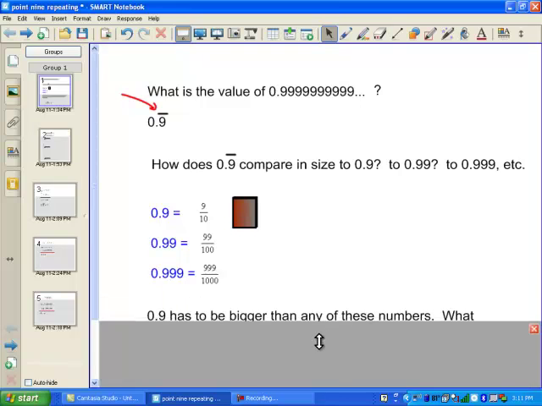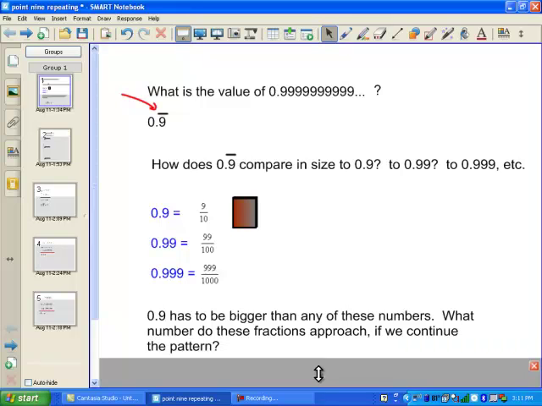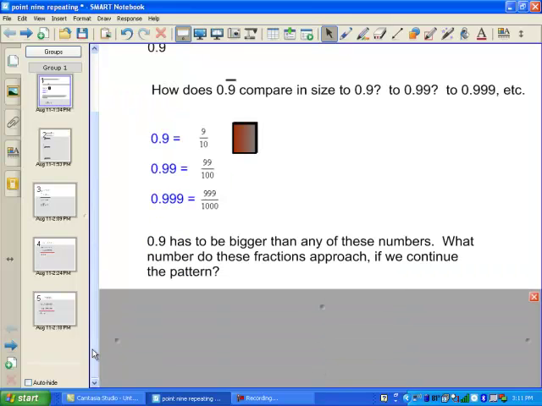So taking a look at that, I think we could probably say to ourselves that 0.9 repeating has to be bigger than any of these numbers because we keep adding 9s on and making the fraction larger.